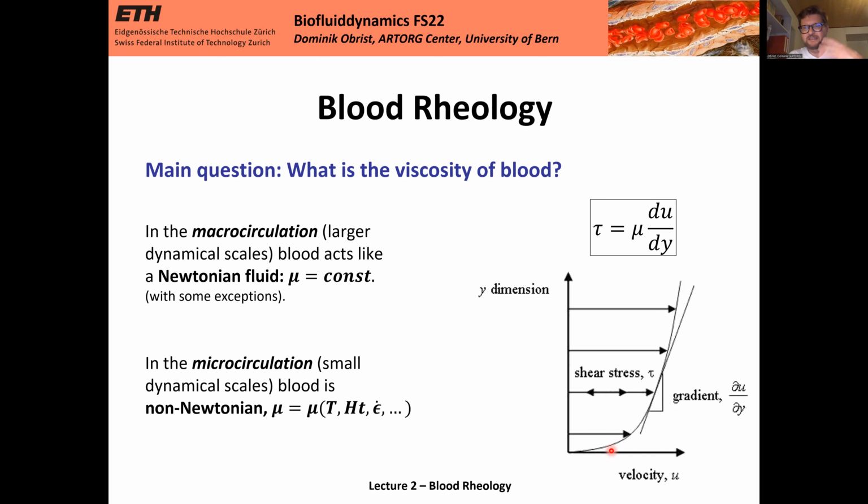That wall shear stress is directly proportional to the local gradient at the wall, and the proportionality constant is this dynamic viscosity mu.